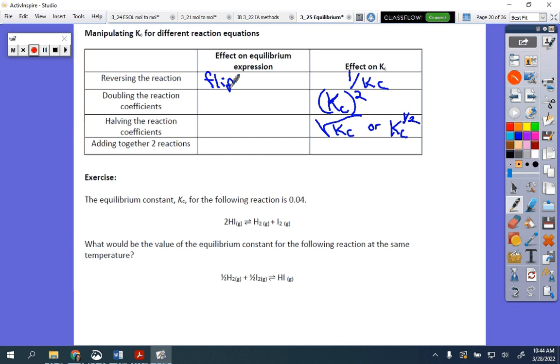Doubling the reaction coefficients would be making each of these parts of the equation multiplied by 2. So that's where we get the squaring from, because little a is the coefficient for substance A, and we'd be just squaring that, and the same thing with halving.